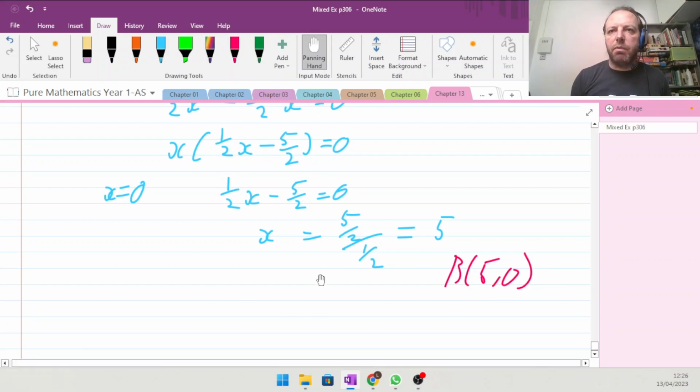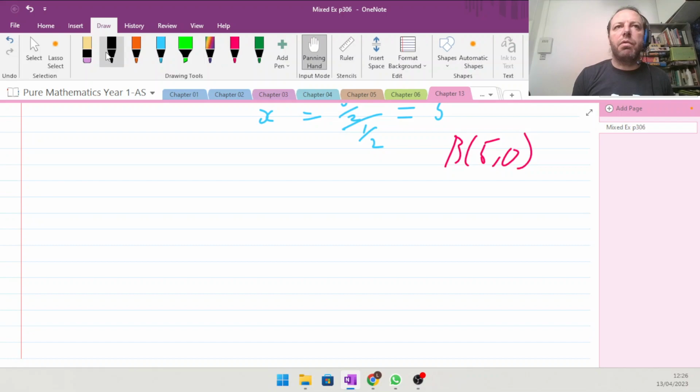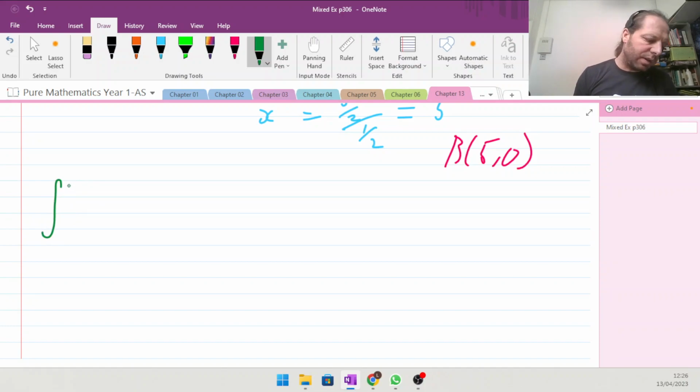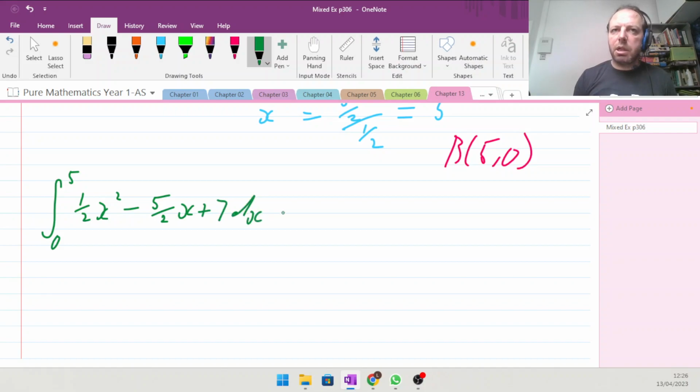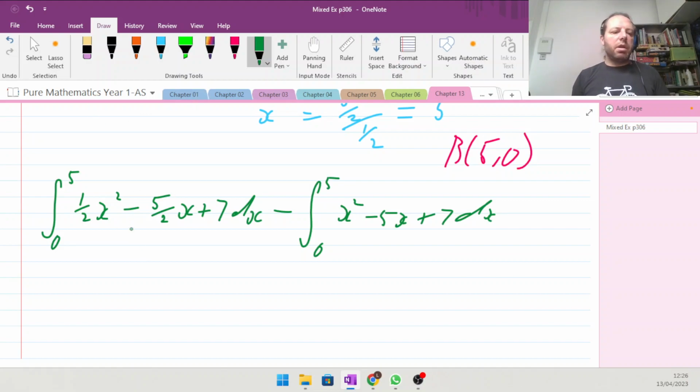And so now all we've got to do is the integrals, let's do it in green. We're going to have the integral between 5 and 0 of a half x squared minus 5 over 2x plus 7 dx, take away the integral between 5 and 0 of x squared minus 5x plus 7 dx.